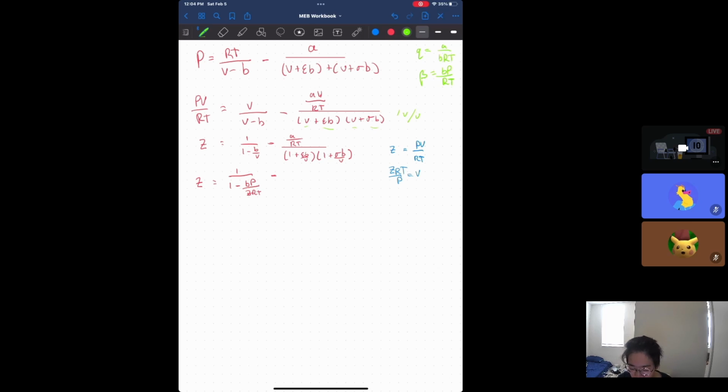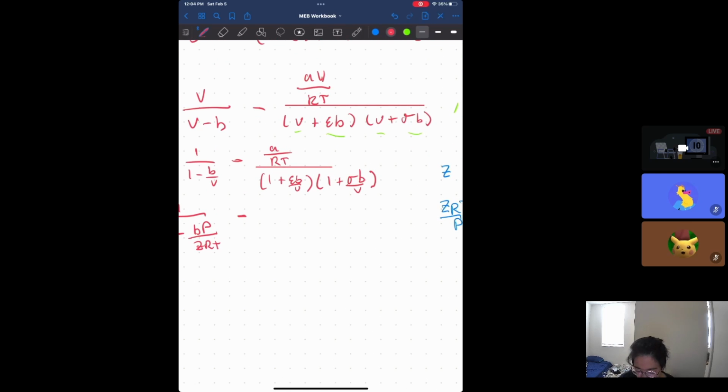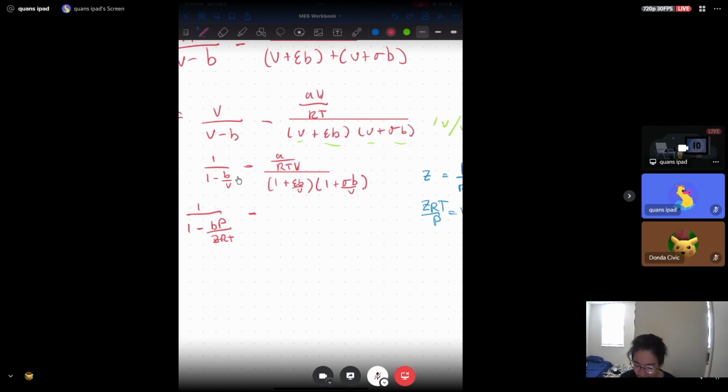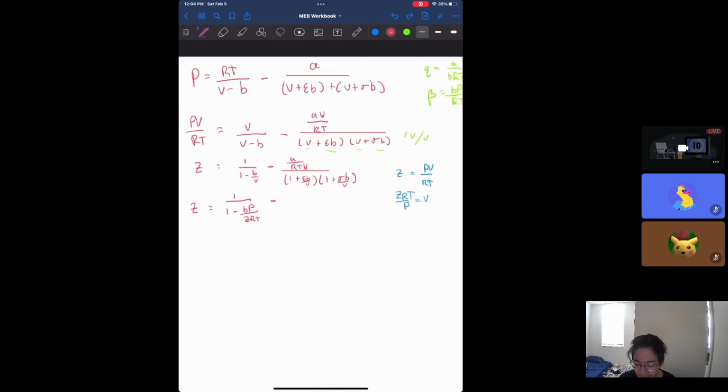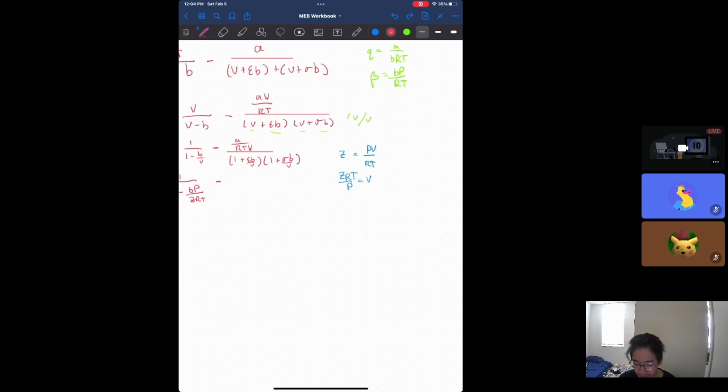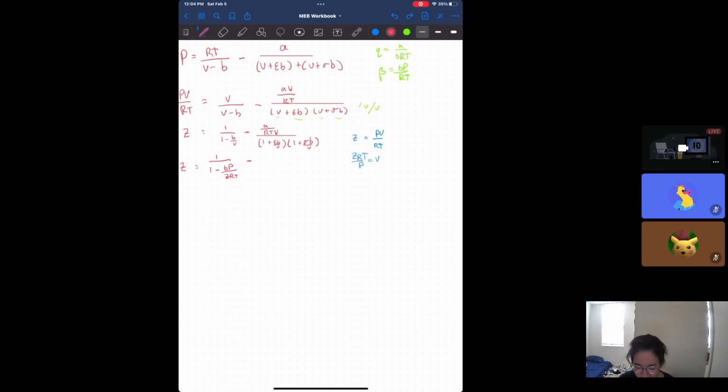But in doing so, we will generate a v term right here. Not allowed to violate the rules of math. But now that we have that v there, we can now plug in the expression zrt over p into the numerator.